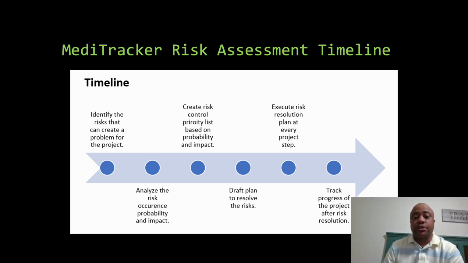Next up was to create a risk control priority list on things we need to tackle based on the likelihood of that happening and the impact. We drafted a plan to resolve the risk, and we're executing the risk resolution plan to be used for the remainder of the project, and we'll be able to track the progress of that project. We'll be able to further track it after the risk resolution.